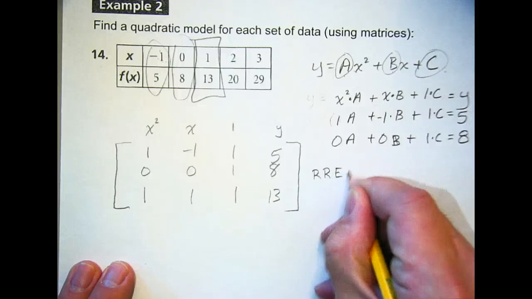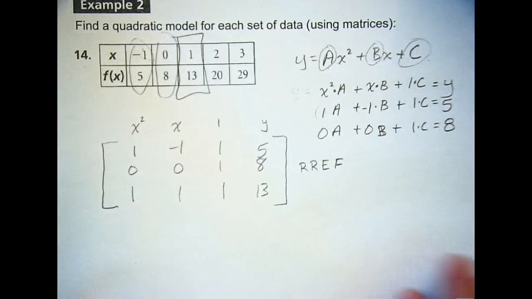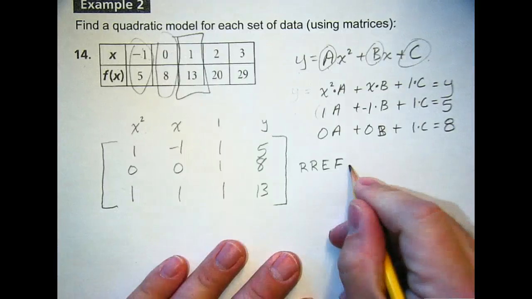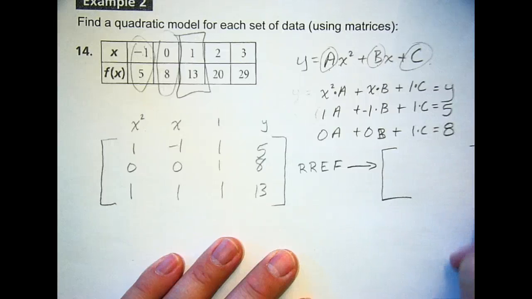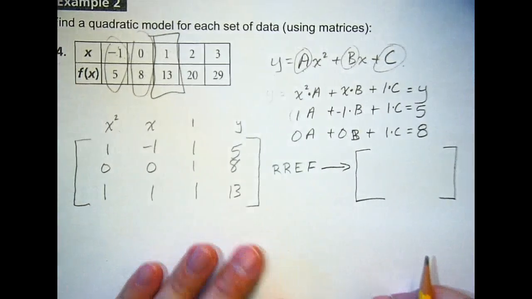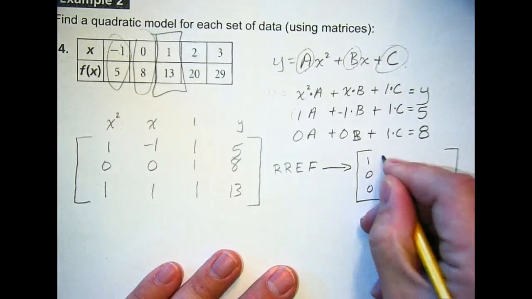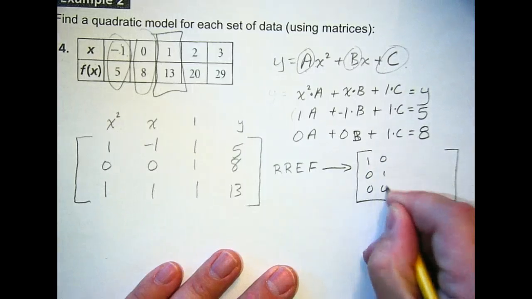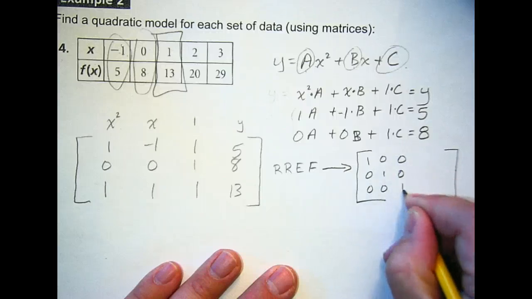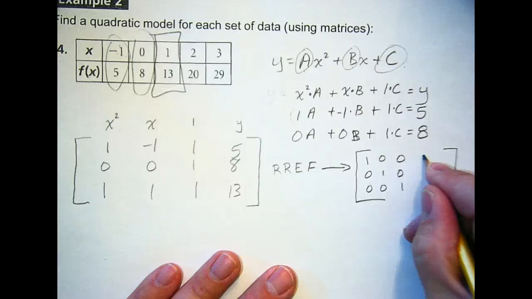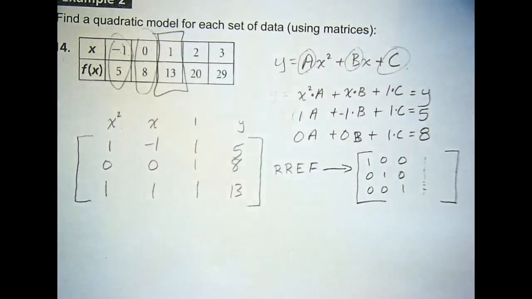So let's enter that matrix in, the 3 by 4, and then use reduced row echelon form to get what A, B, and C are. Hopefully, you end up with an identity matrix as part of your augmented matrix there. And over here should be your A, B's, and C's.